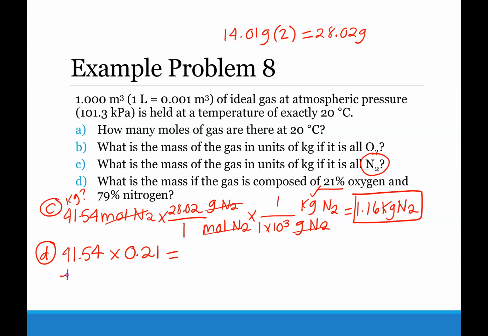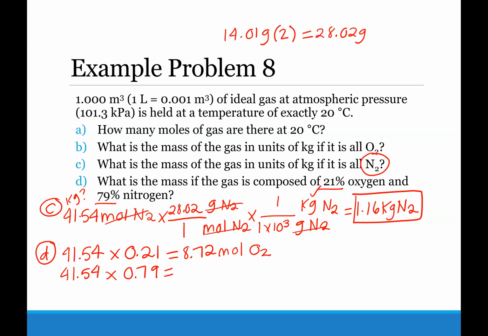And then we need to take 41.54 and multiply that by 79%, which in decimal form is 0.79. So, in your calculators, 41.54 times 0.21 would be 8.72 moles of O2.